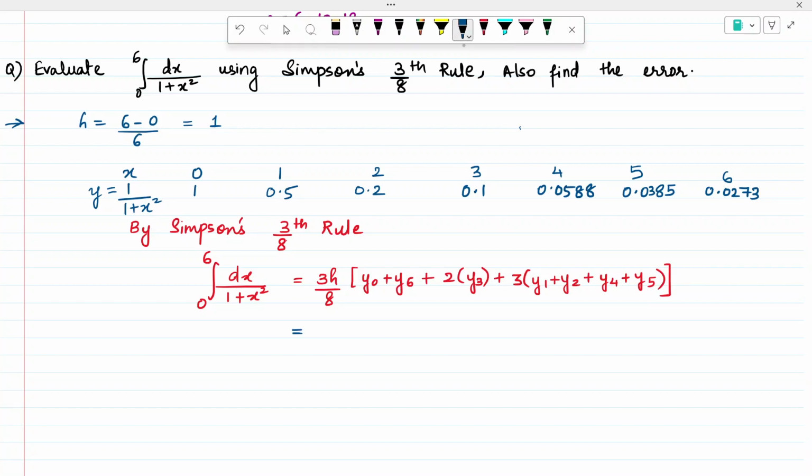Yes, please. Have you understood it? Yes, ma'am. Substitute the values and tell me the answer.